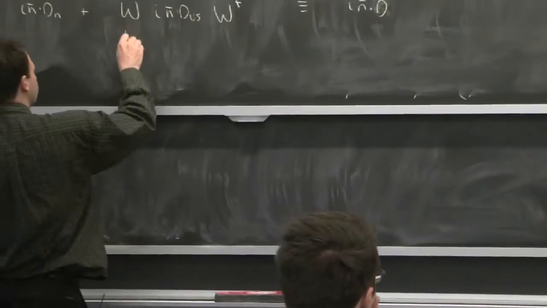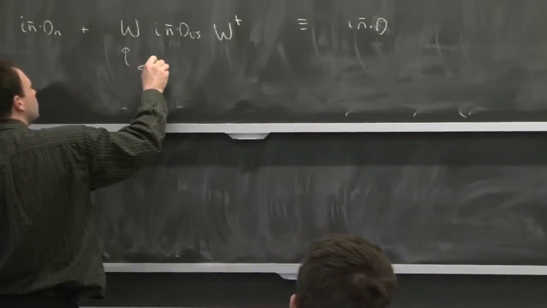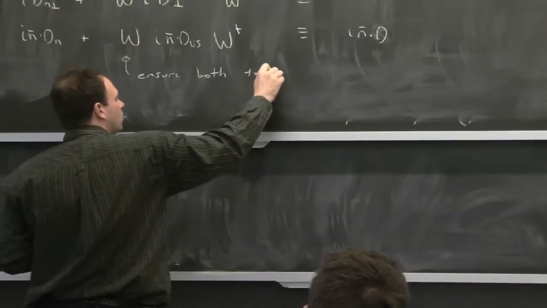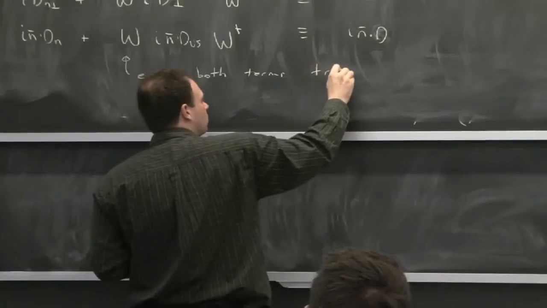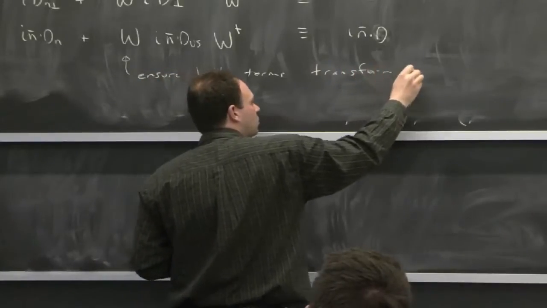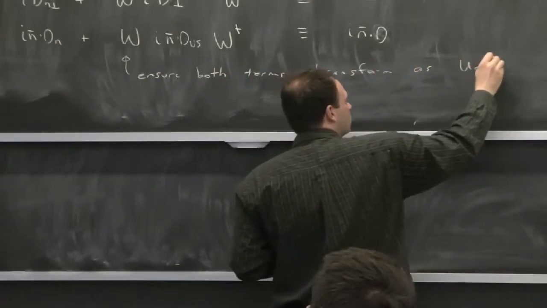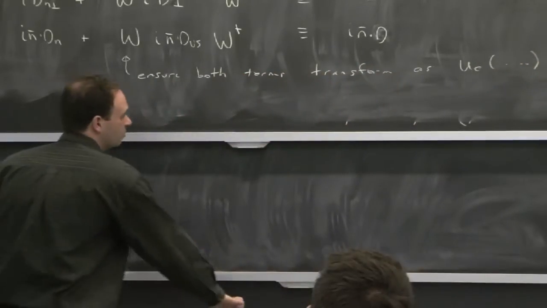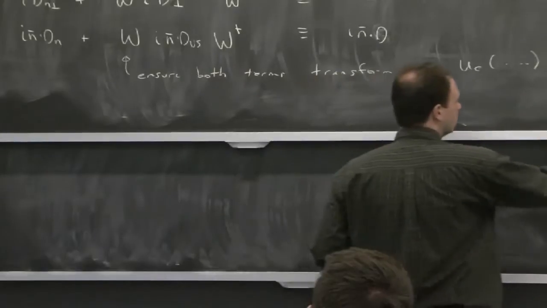Okay, so these W's ensure both terms would ensure that under linear transformation, both terms transform with a UC on the outside.